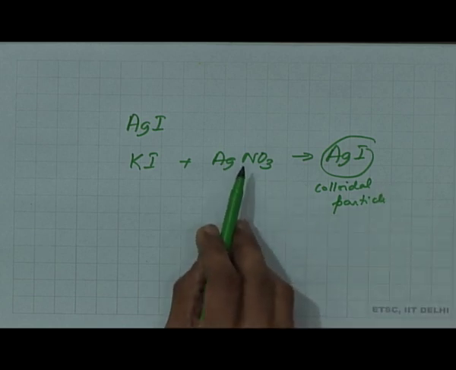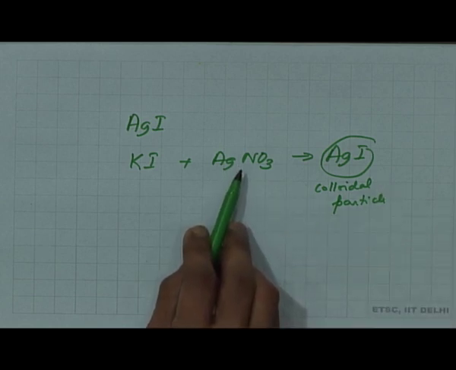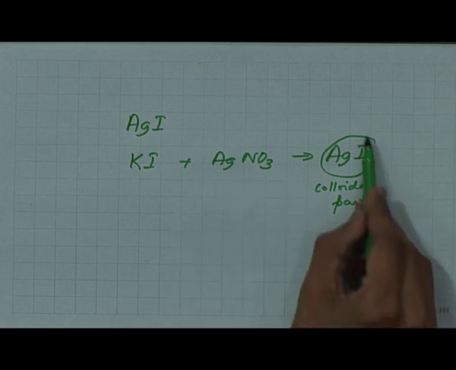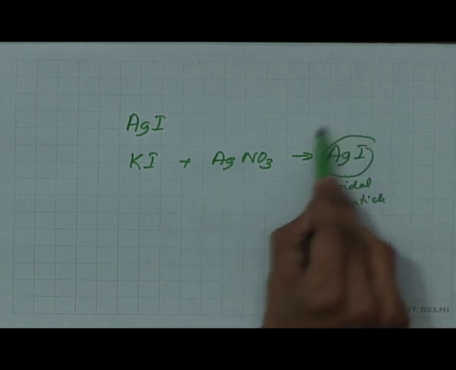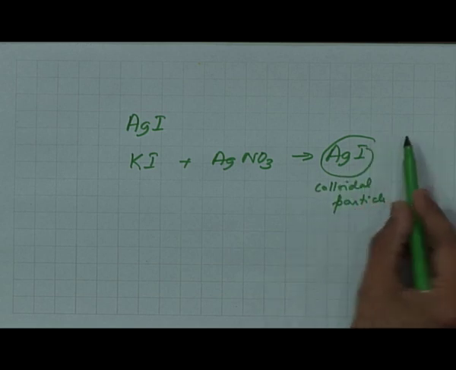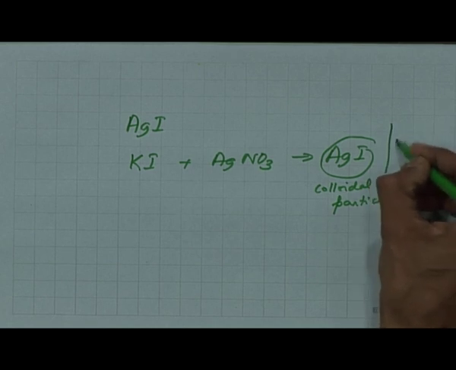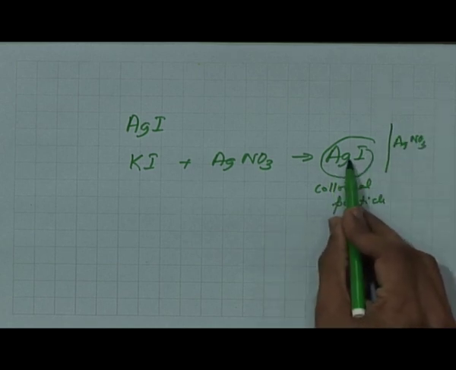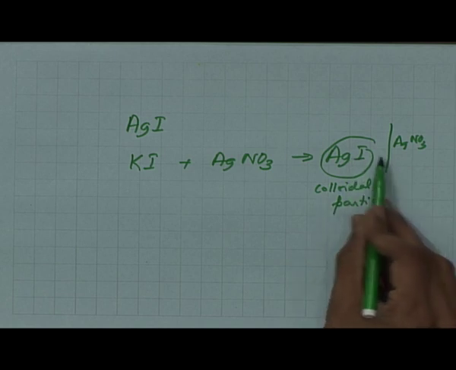Now, if silver nitrate happens to be in excess, the silver iodide colloidal particle that you have got now has silver nitrate in excess here. So, the thing that will come off from the silver iodide happens to be I minus, right.